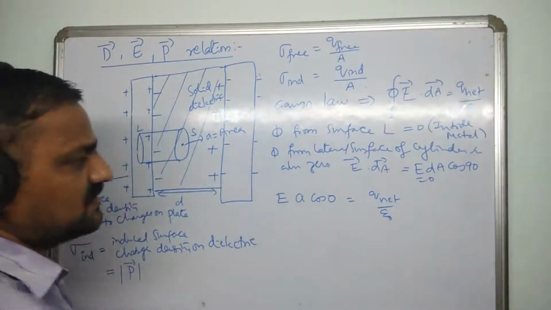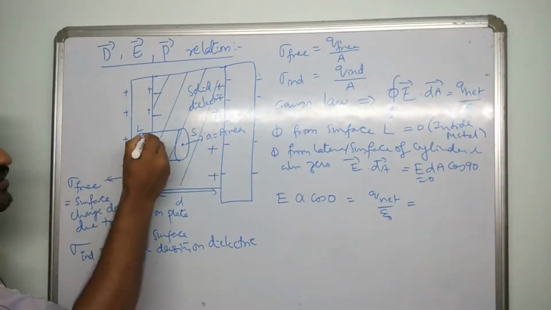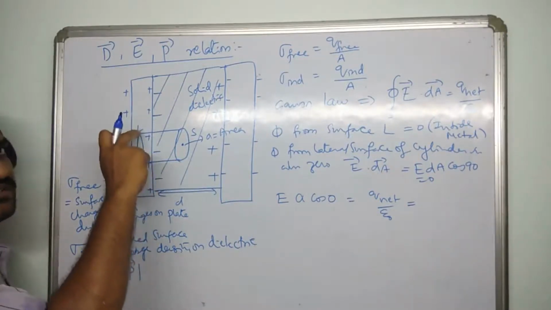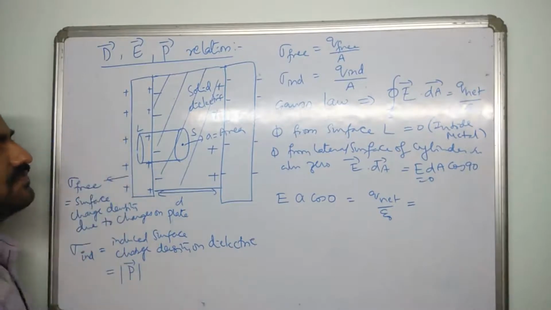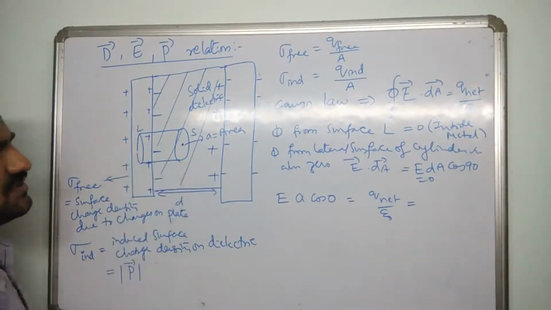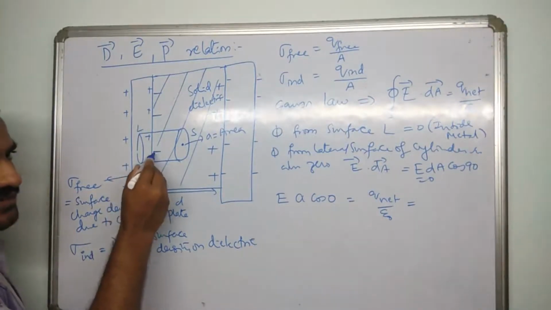In this case, for the Q net, earlier with the empty space we took only the surface charge of the metal. Only this has the positive charges. That was sigma free. Now, in addition to that, we have another charge induced, sigma induced. And clearly, this is positive and this is negative.